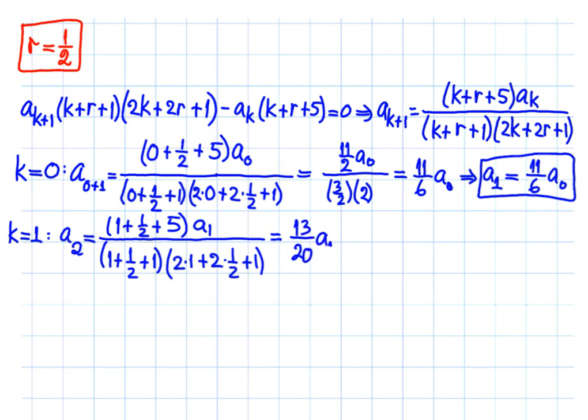I skipped that step. And a1 is 11 over 6, so we have 13 over 20 times 11 over 6. So we have 143. Oh, forgot the a naught. 143 over 120 a naught. So we have a1, and that is a2.